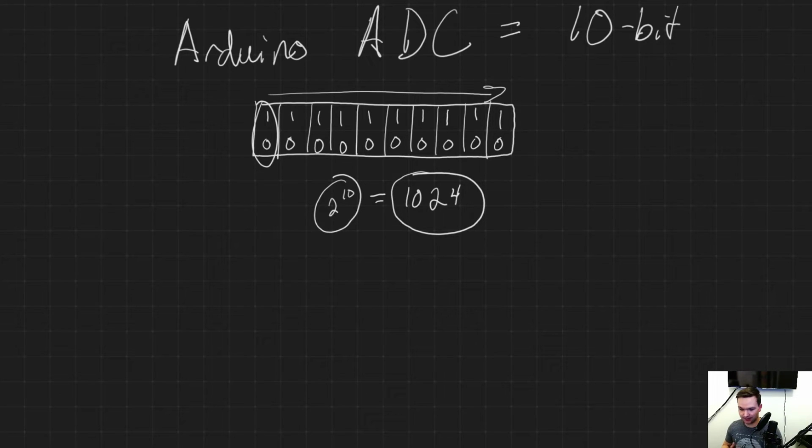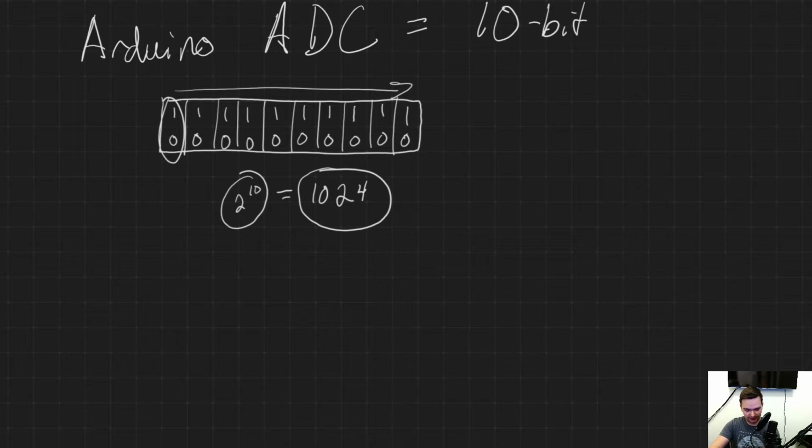And that means that we have 1,024 steps of 0 to 5 volts that we can measure off of any given sensor. So if we wanted to look at how big each of those steps are, well, it's pretty easy. We know we have 1,024 of those steps, and our range goes from 0 to 5 volts. Full steps for 5 volts is 1,024, and for 0 is 0 volts.